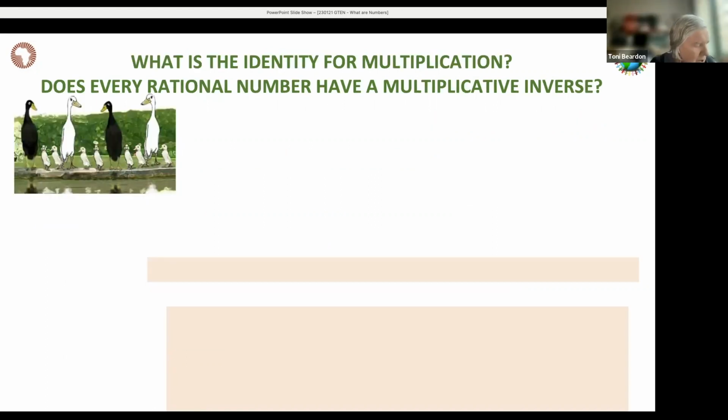So what's the identity for multiplication? Teja's just talked about the identity for addition and subtraction. What about multiplication? Does every rational number have a multiplicative inverse? Now, what we're doing now is we're doing for the rational numbers exactly what we did for the integers.